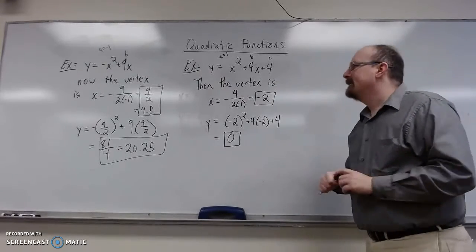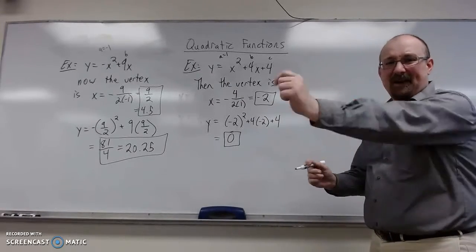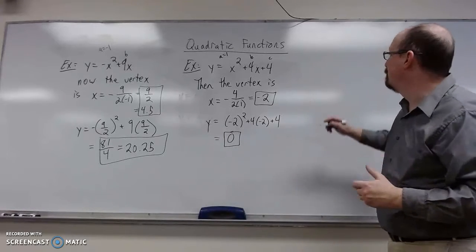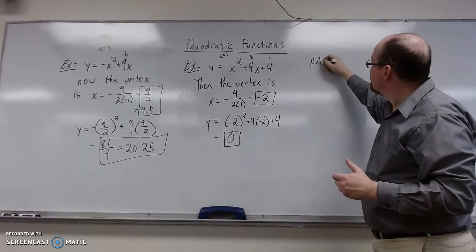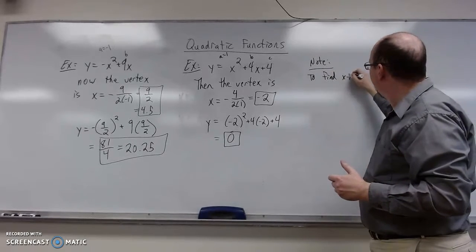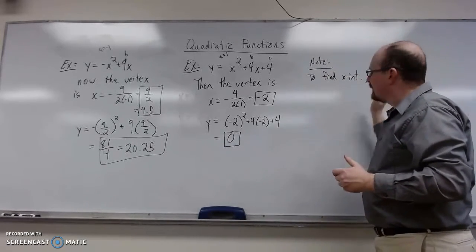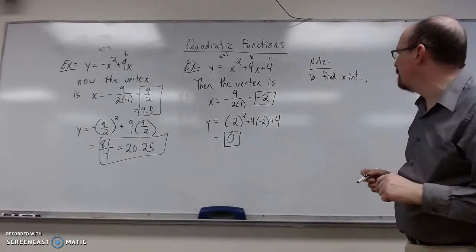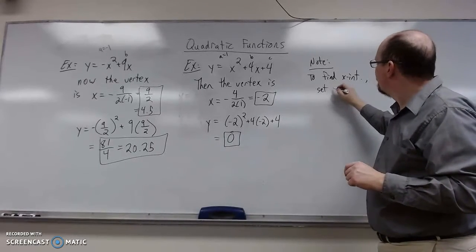So yeah, that's that. And I mentioned this in the video. I'm not going to belabor the point because we did a lot of this in section 2.1 already. Just as a quick aside, if we want to find our x-intercepts, again, I talked through this while we had the Desmos graphs up.